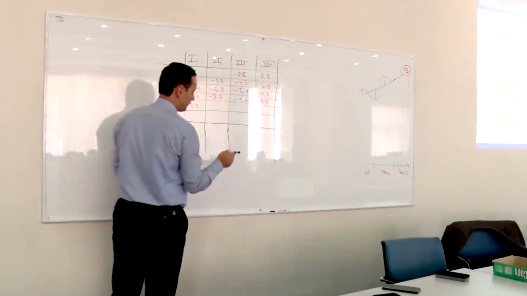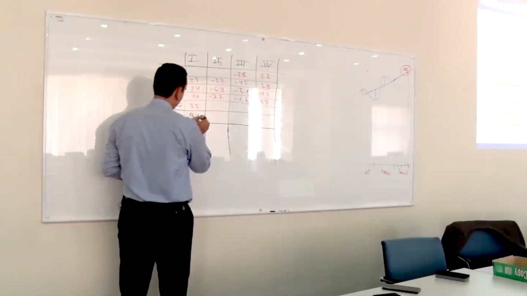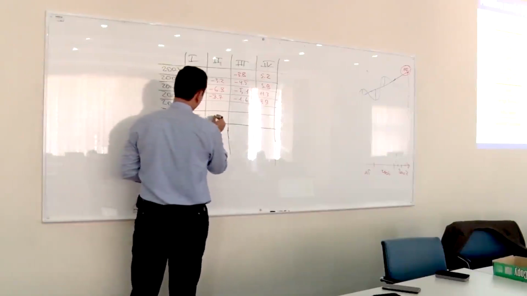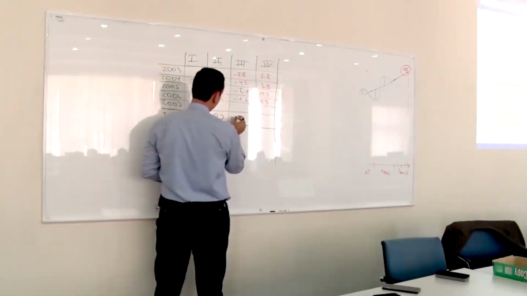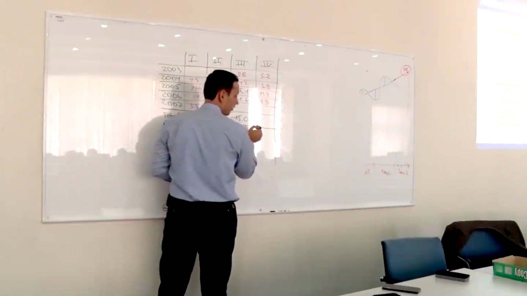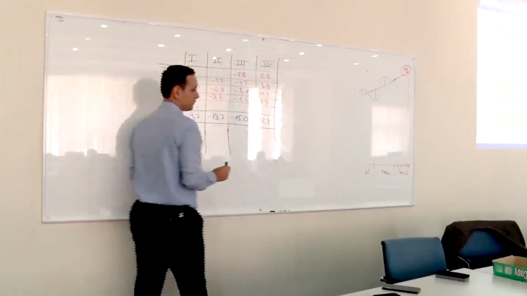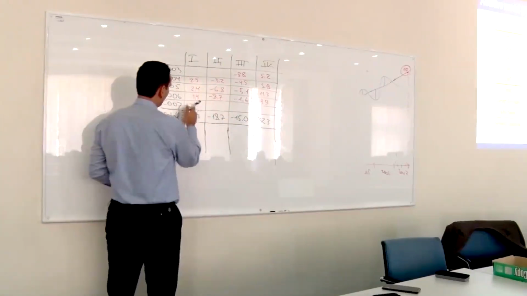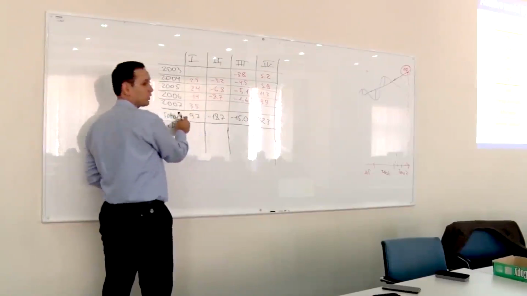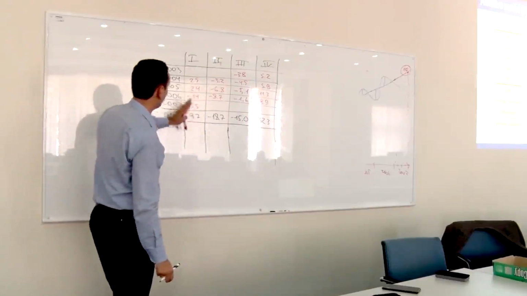So here we have 9.7, negative 18.7, negative 15.0, and 32.3. The average deviation is the average of these numbers, meaning the total divided by the number of observations in each quarter.